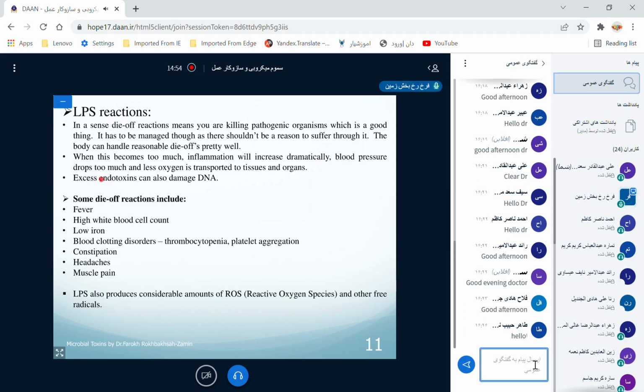Blood pressure drops too much. Low blood pressure and less oxygen is transported to tissues and organs. So many problems start by killing gram-negative cells. Excess endotoxin can also damage DNA. So it is another problem.